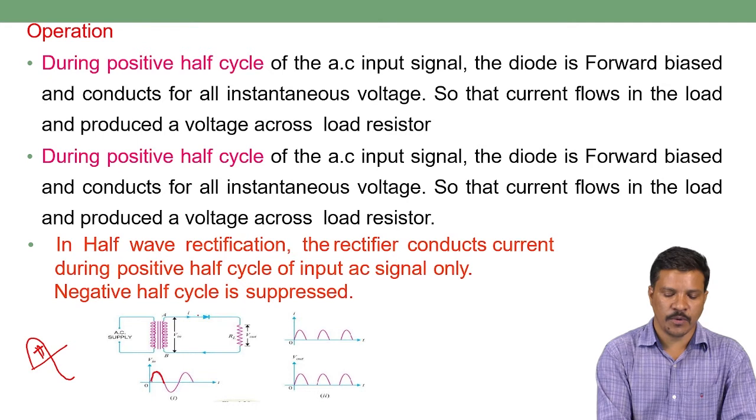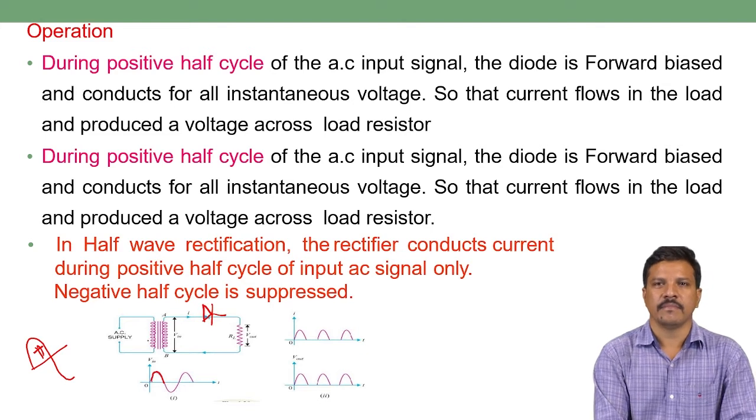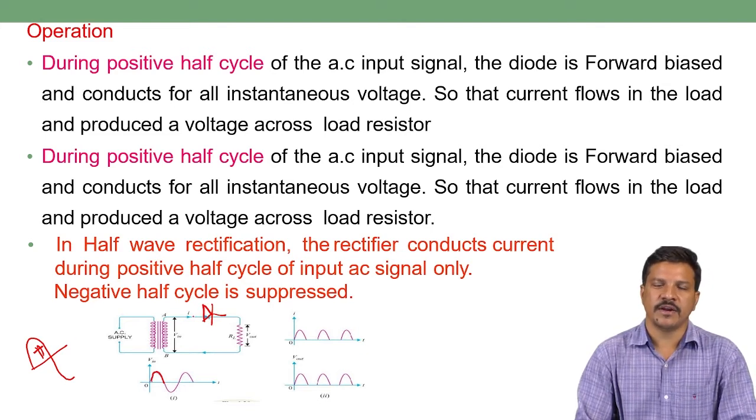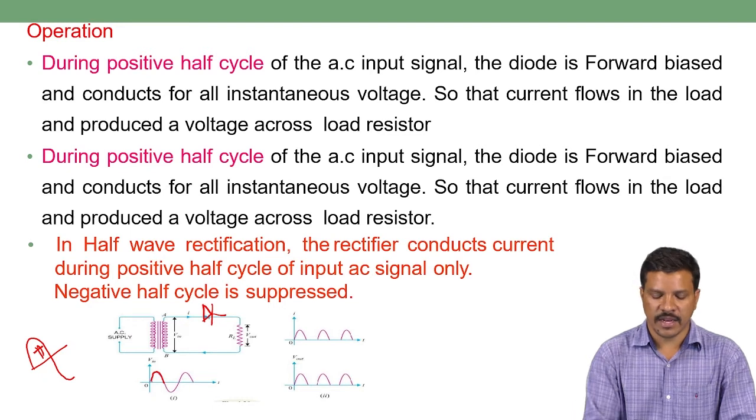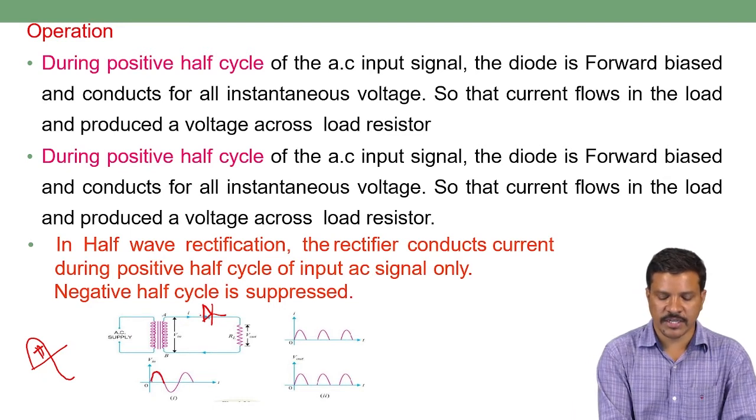When plus is given to the P type, the diode is said to be forward biased. When the diode is forward biased, it allows the flow of current from P to N, so the direction of current flow in the PN junction diode is this one.